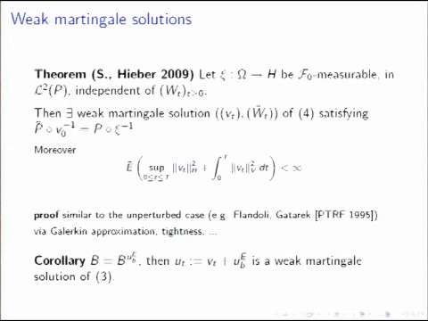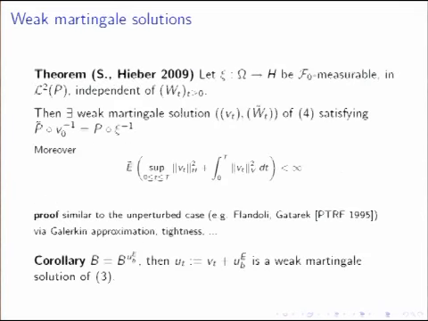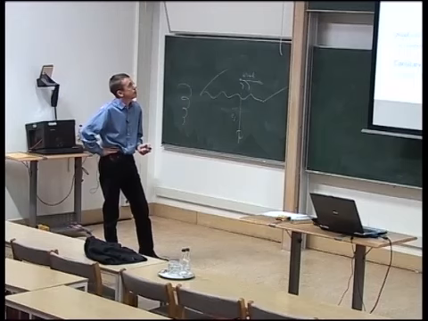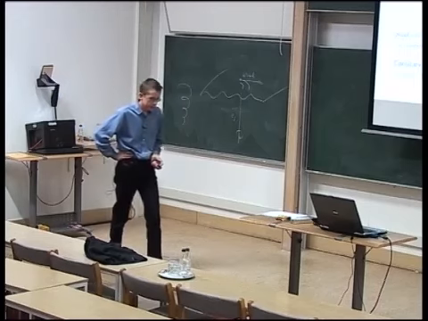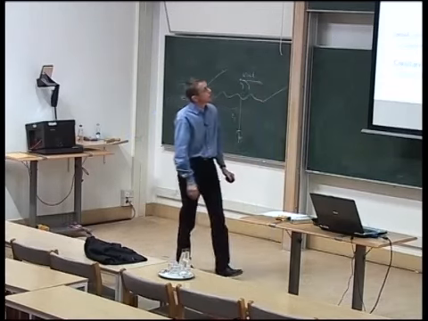So this is the result concerning the solution in 3D. This is the usual expected result, namely, if you start with an initial condition xi, which is measurable, square integrable, and independent of the driving Wiener process, then there exists a weak martingale solution.